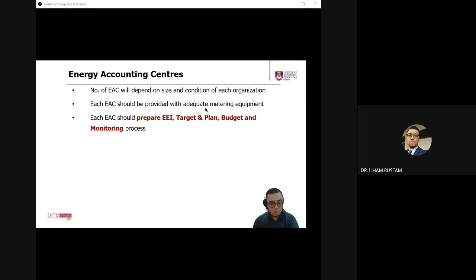So there is no EAC, there is no energy management if you don't have metering equipment installed for that area or machinery or any kind of thing that you want to call an EAC. You need to install meters, instead of solely depending on the TNB meter located outside of the building that generalizes the whole electrical energy consumption being used.